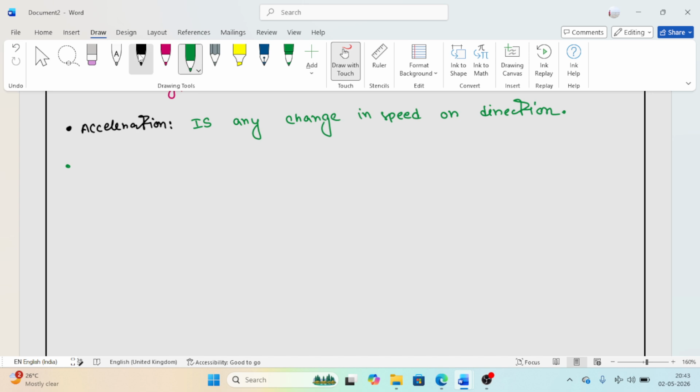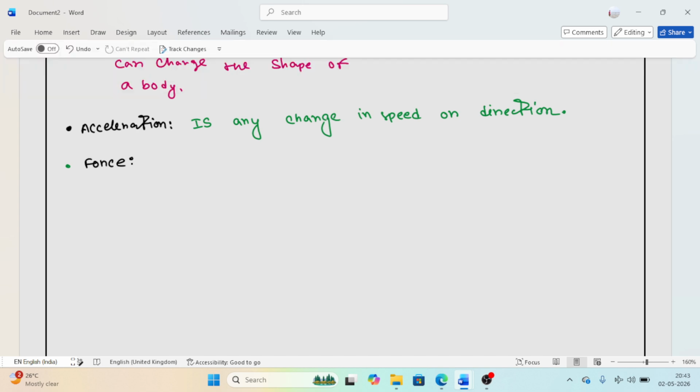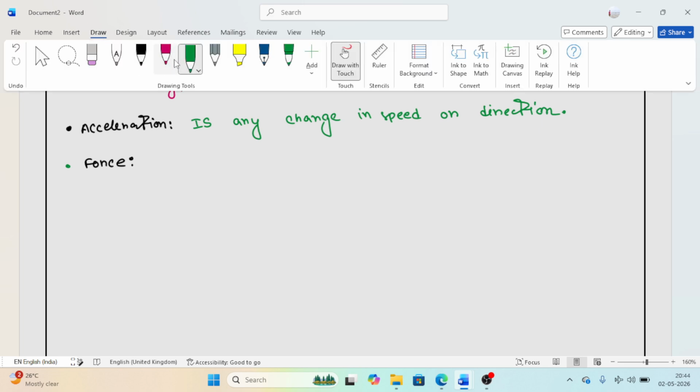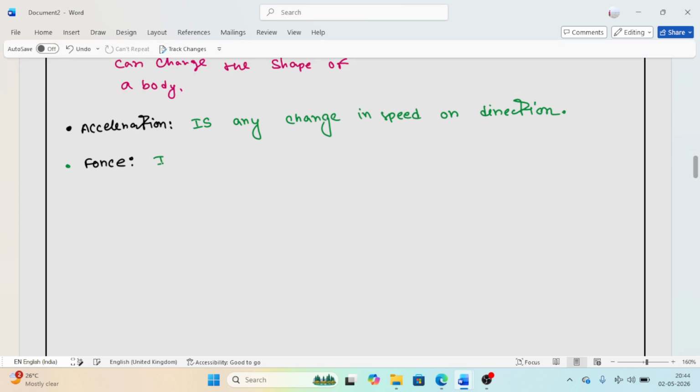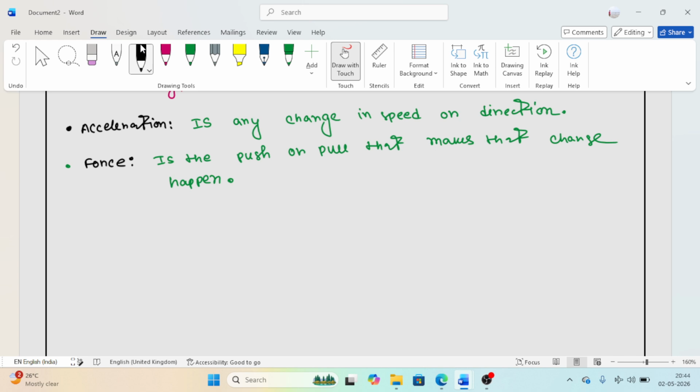Then we learned about force. Force means, in short, the push or pull that makes that change happen. So without force, the world would just stay still. So physics is just the study of these simple rules.